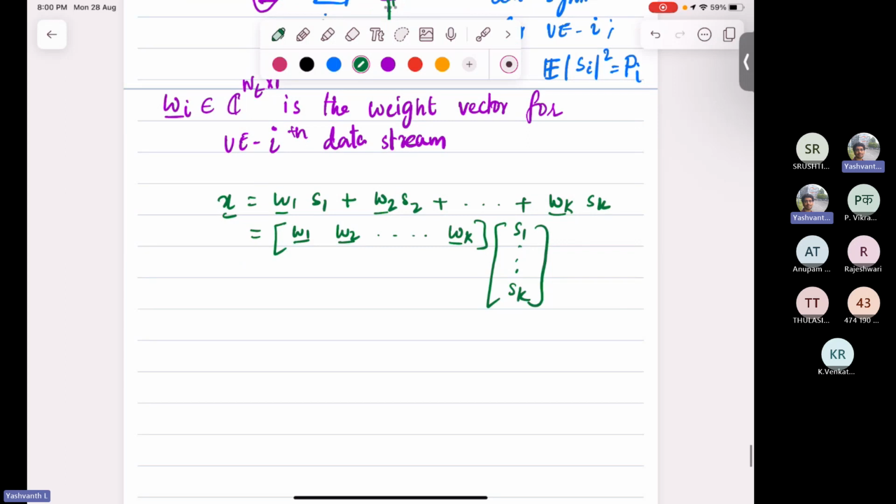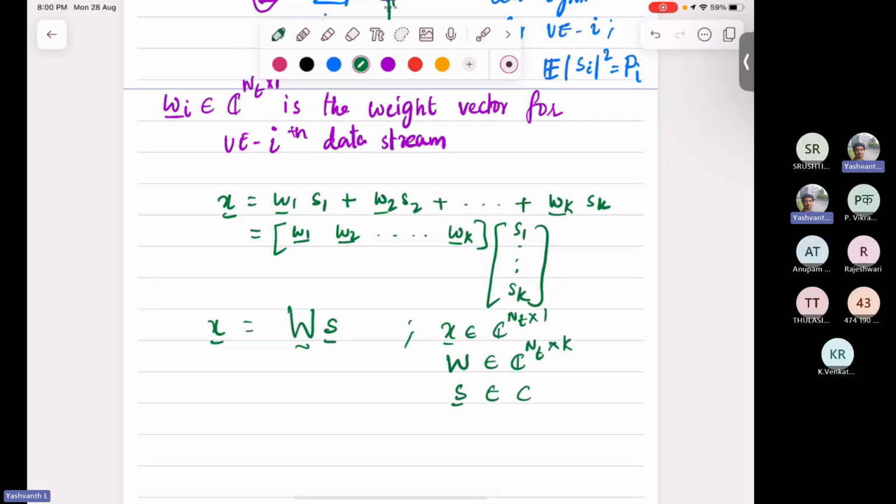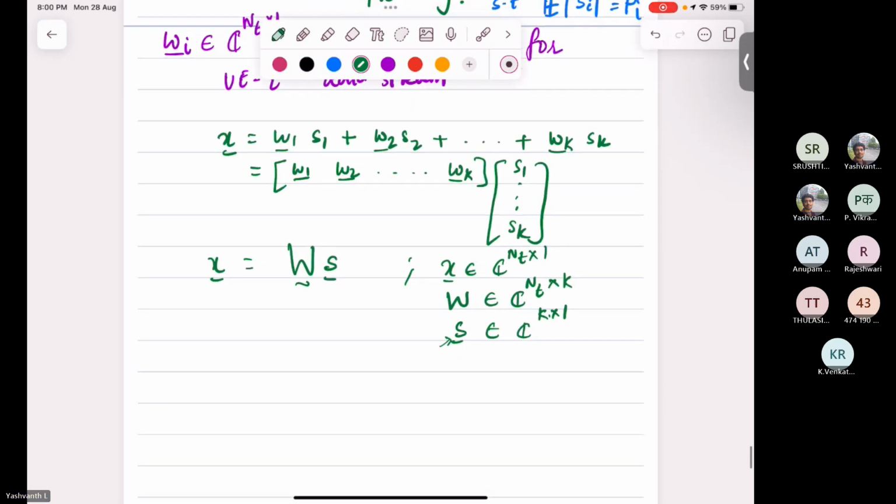So this is a matrix W times a vector S. Let me recall: X is C NT cross 1, W is C NT cross K, and S is C K cross 1. That is the data symbol for all the K users there in the S vector.